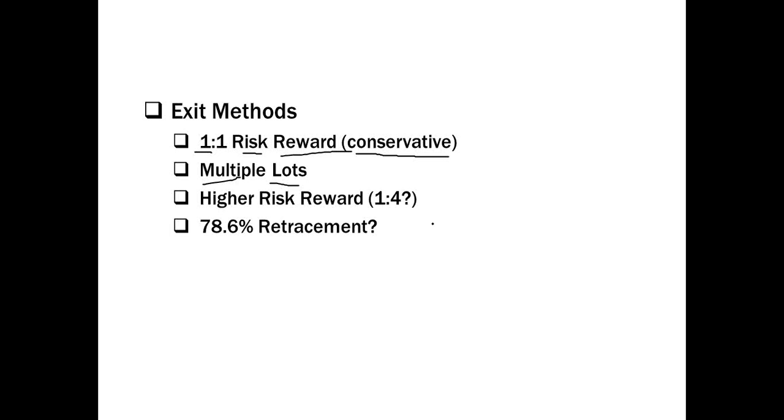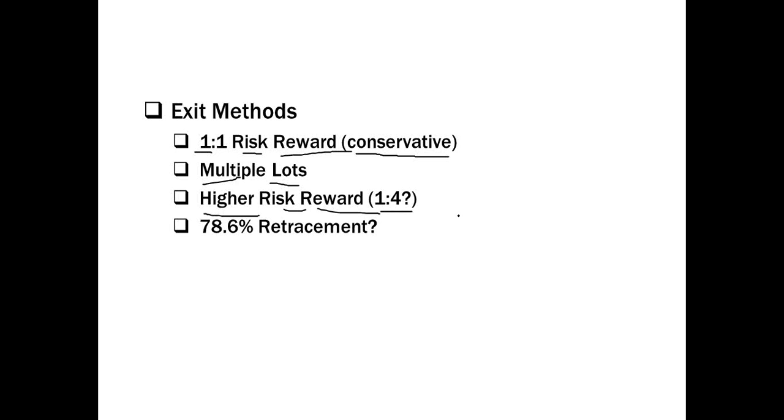The Gartley pattern is actually one pattern that is almost made for scaling out. Higher risk reward does exist, so some people might get into their full position, like 4 mini lots in this example, and instead of looking for 1-to-1, they'll look for a 1-to-2 risk reward or 1-to-3 risk reward. So they'll just use the risk reward ratios themselves.